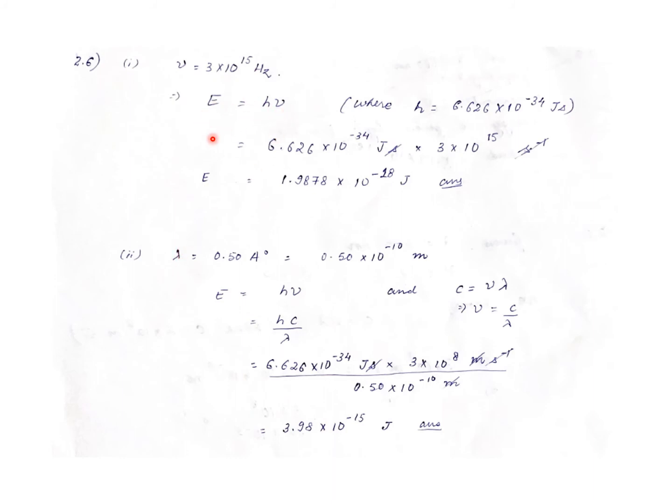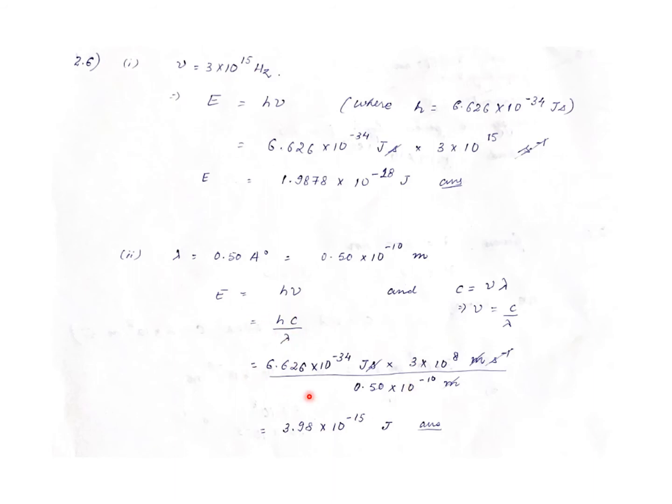Here also we will use the same equation, but in another form. We already know that E is equal to h nu, and that nu is equal to c upon lambda, so substituting nu by c upon lambda gives E is equal to h c upon lambda.